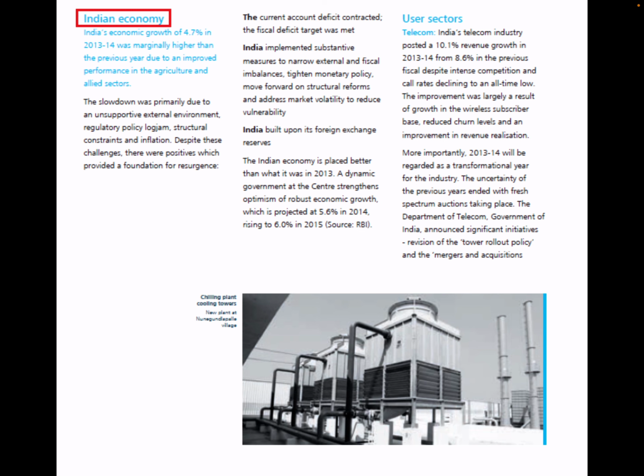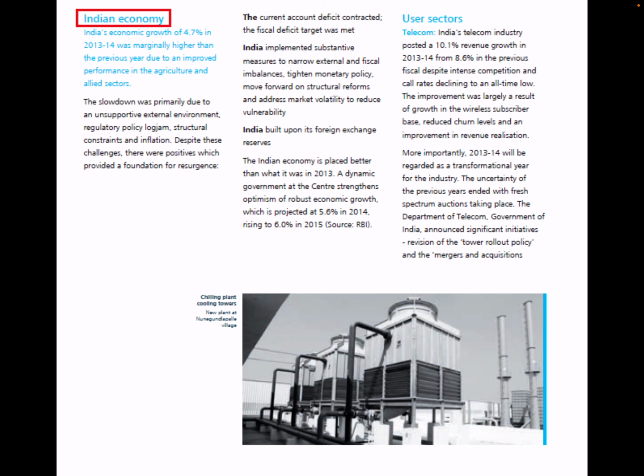Most important, I read through this and compare it with its peers to understand if the company has an advantage over its peers. For example, if Amara Raja Battery Limited is a company of interest, I would read through this part of the annual report and read through what Exide Batteries has to say in their annual report.